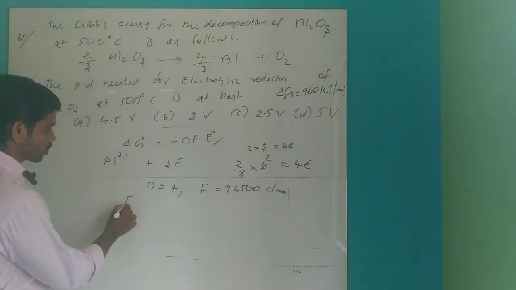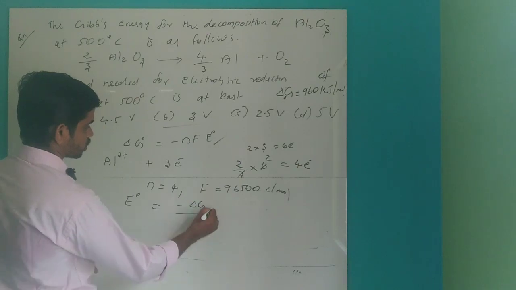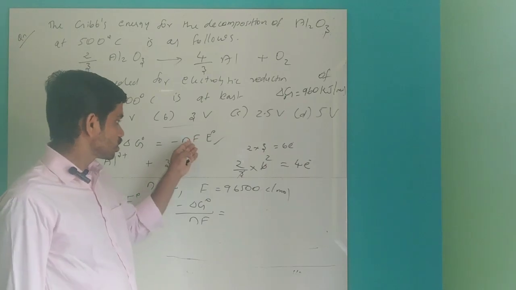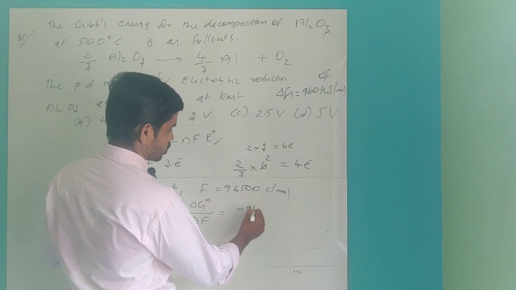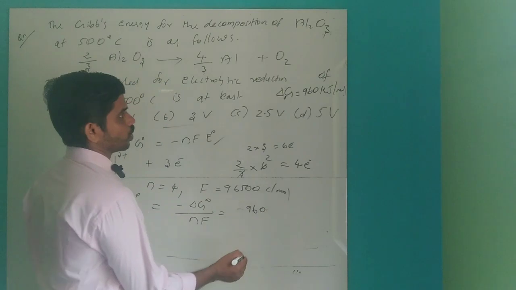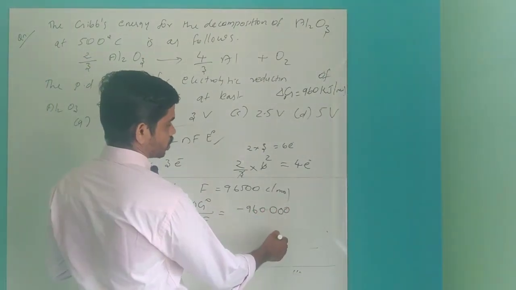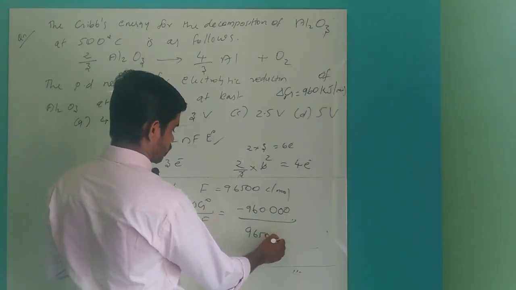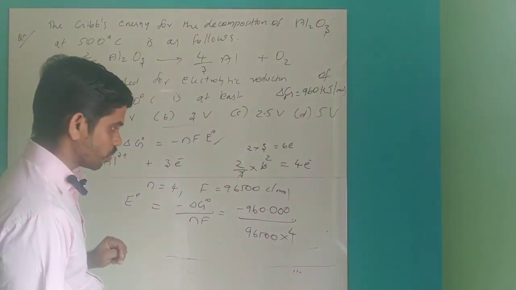So E0 is equal to minus delta G0 divided by n into F. Taking n to this side it becomes division. The value given is minus 960 kilojoule, converting to joule gives 3 zeros, divided by 96500 into n, which is 4.